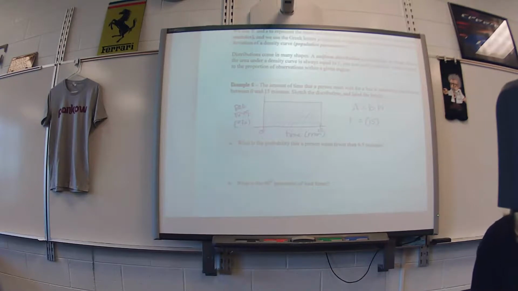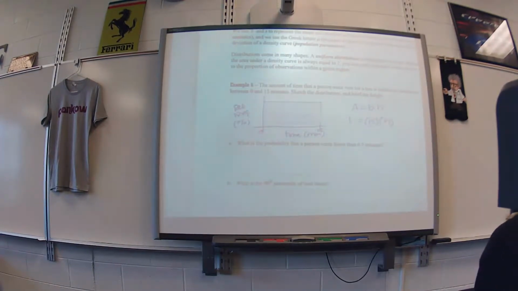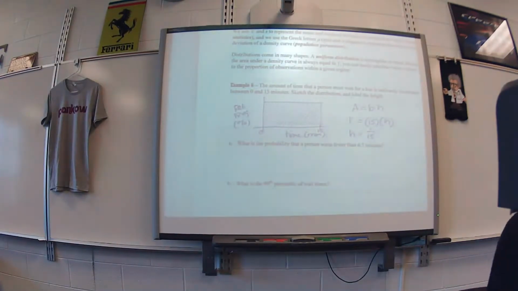So how tall is the rectangle? What's the height of my rectangle? Not a trick question. 1/15. And I would expect you to be able to think that through on a test. Okay, it's not super challenging.